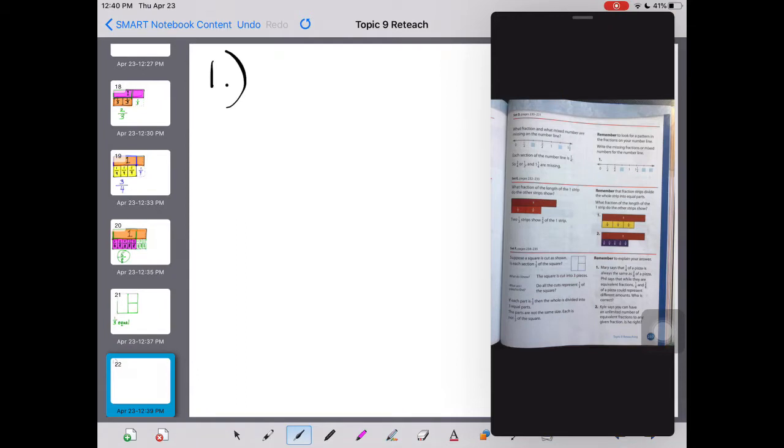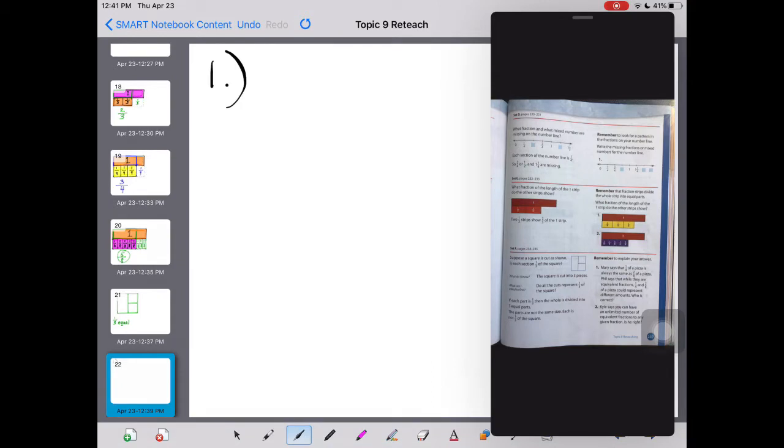Now, Phil says that, while they are equivalent fractions, 1/4 and 2/8 of a pizza could represent different amounts. Who's correct? Well, if you said Phil was correct, he's the guy.